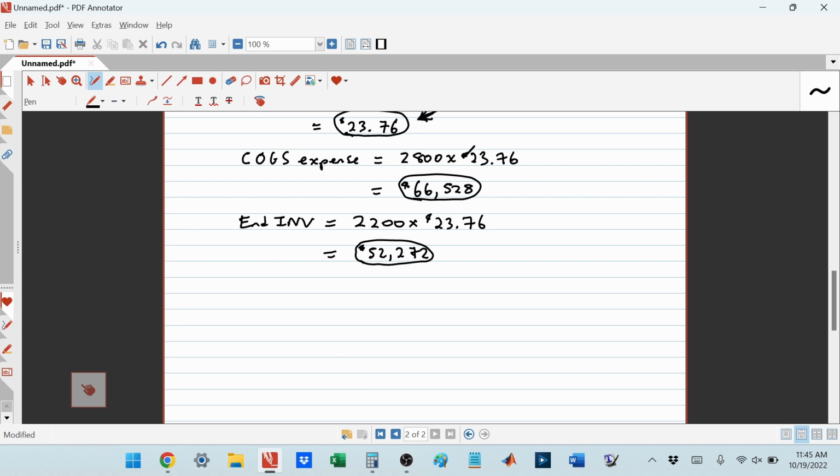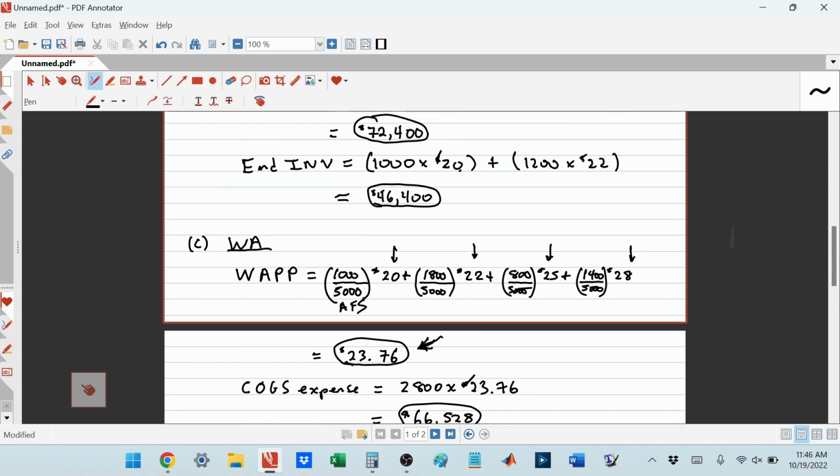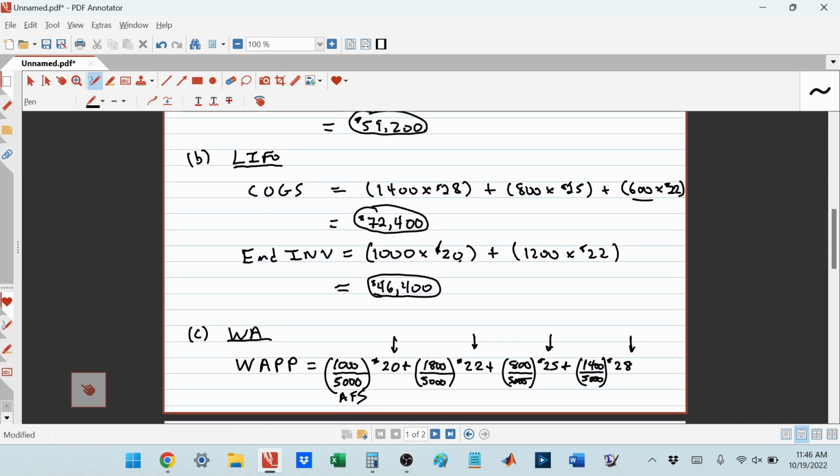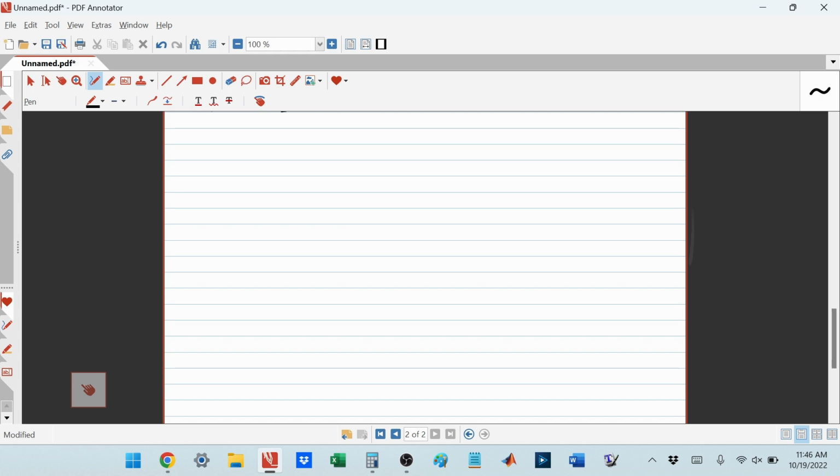Now we should verify that the following inequalities hold. For COGS, LIFO COGS should be the biggest, then weighted average, and then FIFO COGS. So let's verify that's true. Our LIFO COGS is 72,400.